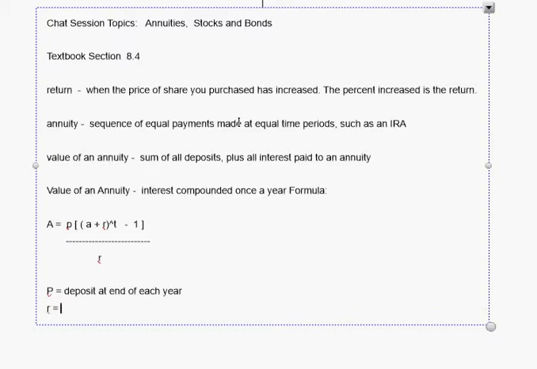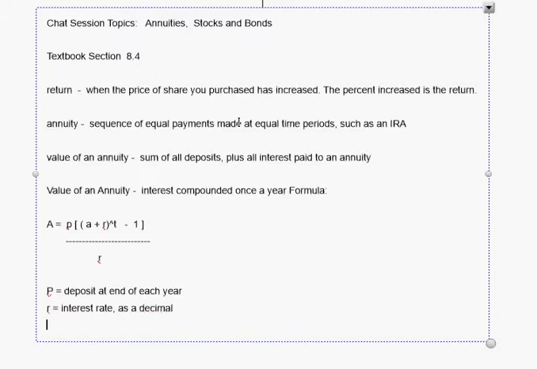R is the interest rate as a decimal. A is the value of annuity after T years.